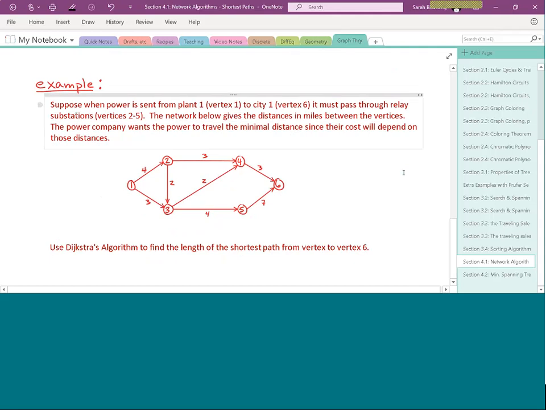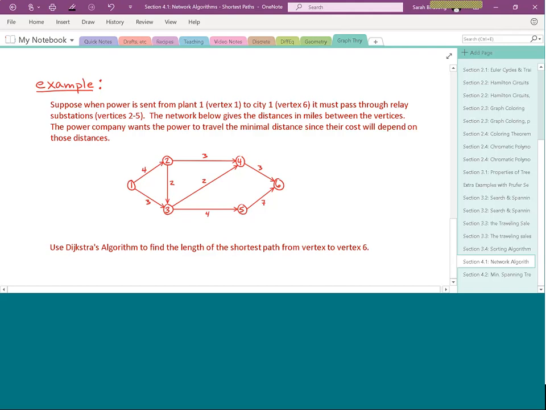Okay? So suppose you have some power plant, and when power is sent from plant 1, which is represented by vertex 1, to city 1, which is represented here by vertex 6, it's going to have to pass through a couple of relay stations, and these are represented by the 4 vertices, vertices 2, 3, 4, and 5. Okay?